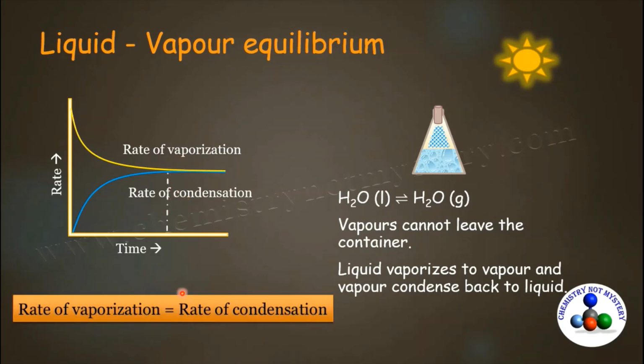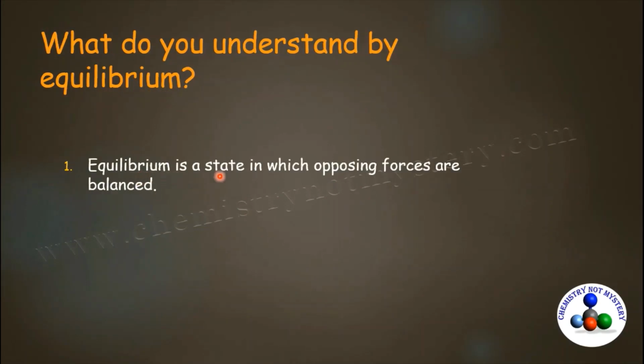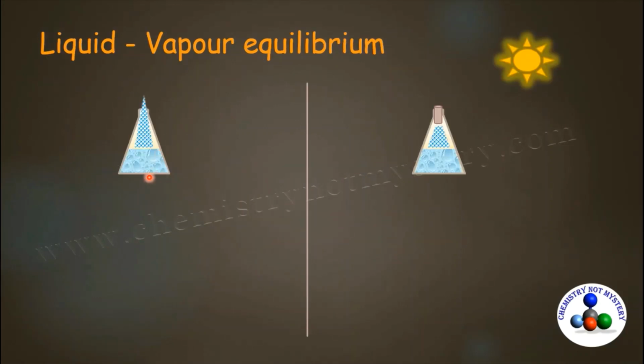And at this point, you can say equilibrium has been achieved. So what do you understand by equilibrium? Equilibrium is a state in which opposite forces are balanced. Or you can say when forward and backward reactions occur at the same rate, then the system has attained equilibrium.